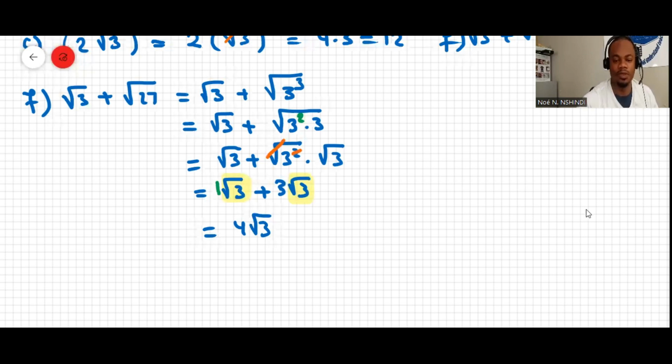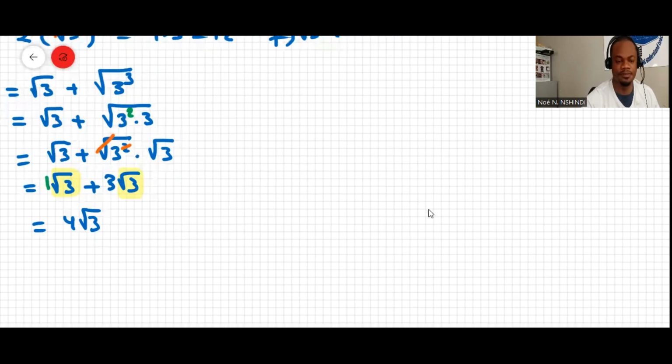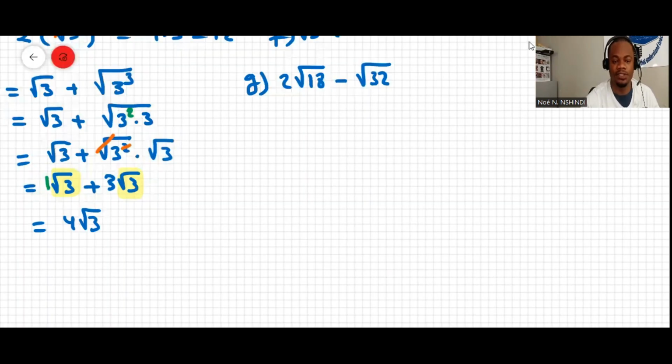And then we can also do question G. 2 root 18 minus root 32. Again, over here, we're going to write all of this in terms of the prime factors.